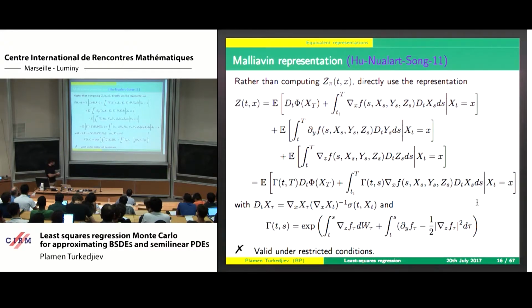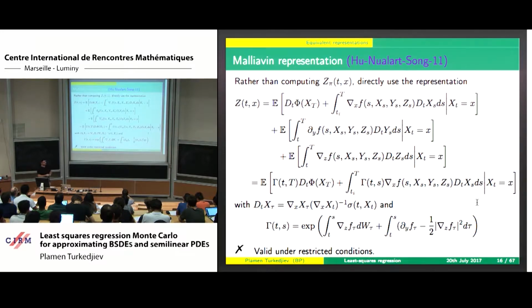Something much more challenging was a formulation that was turned into a numerical algorithm by Gobet, Hu, and Song. If you remember, we expressed the approximation of z as a projection.